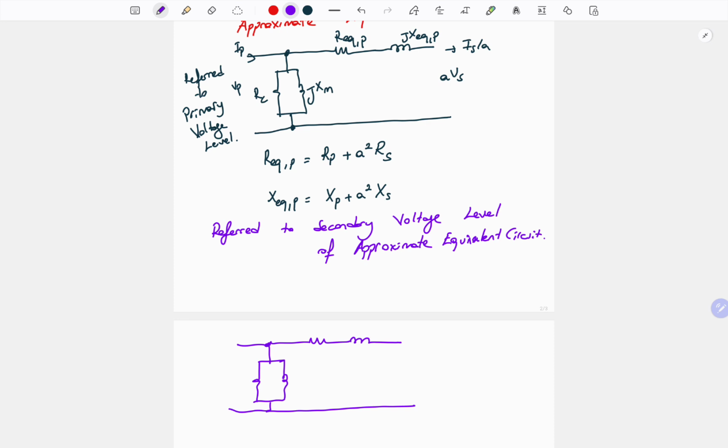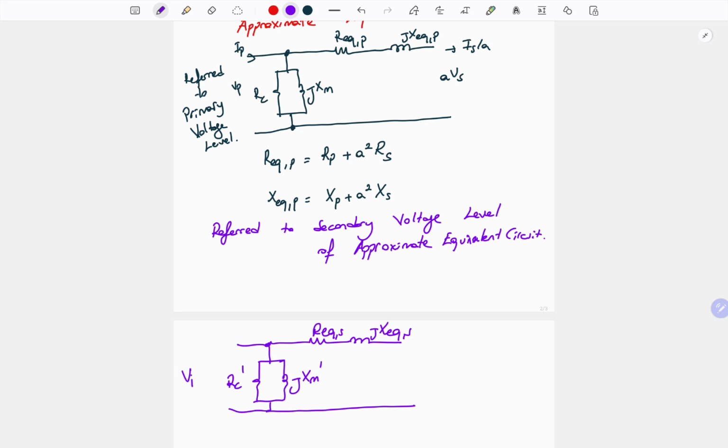So because of this, we must use their secondary equivalents. For example, we must use Rc prime and Xm prime, because without prime we have the primary values, but now we change their places to the secondary side. And for the series part, we have our R equivalent S and X equivalent S. So again, the total winding resistances are combined for the secondary voltage level, and similarly for the reactance, we can repeat the calculation.